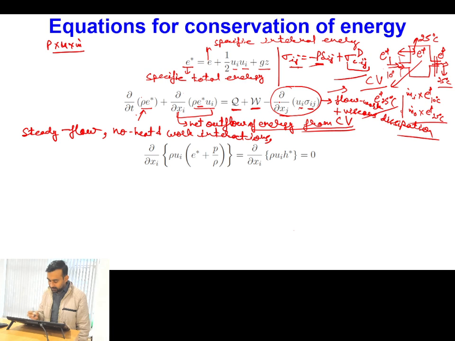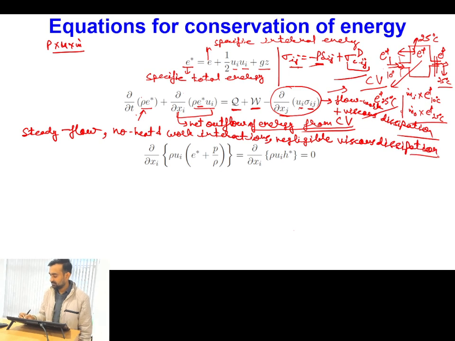Then the third assumption, negligible viscous dissipation. What is the meaning of negligible viscous dissipation? When in this sigma ij I replace it with minus P delta ij plus sigma C dij, then the effect of sigma C dij will be equal to 0.